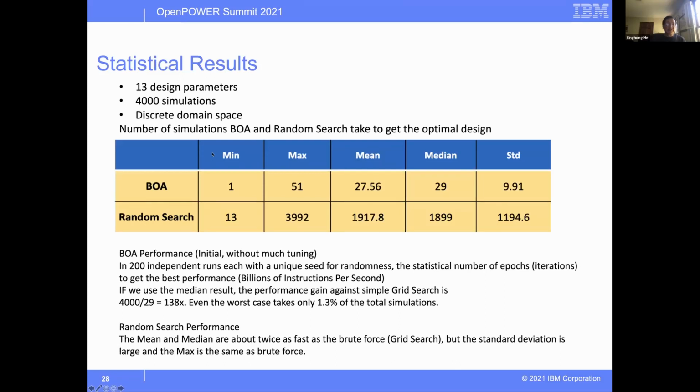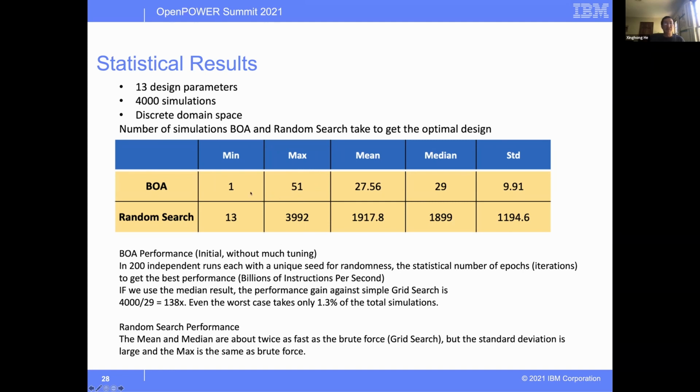And this is a summary table of those studies. It's mostly comparing BOA and random search. This shows the minimum number of iterations to get to the global max, the maximum number of iterations it takes to find the global max, and the mean, median, and standard deviation.